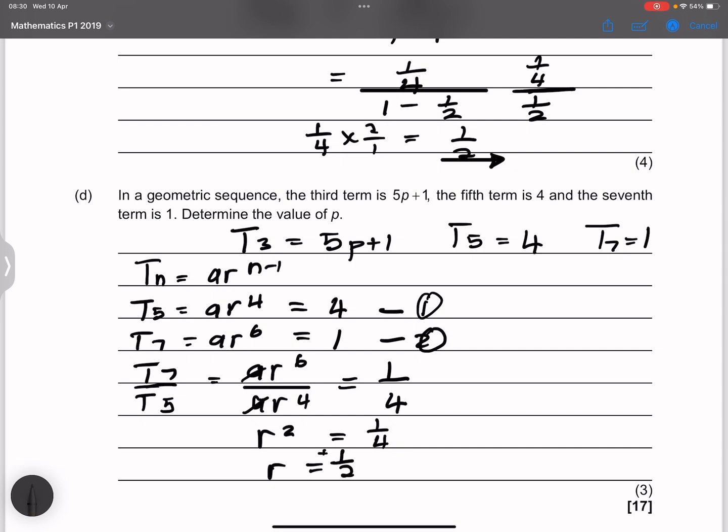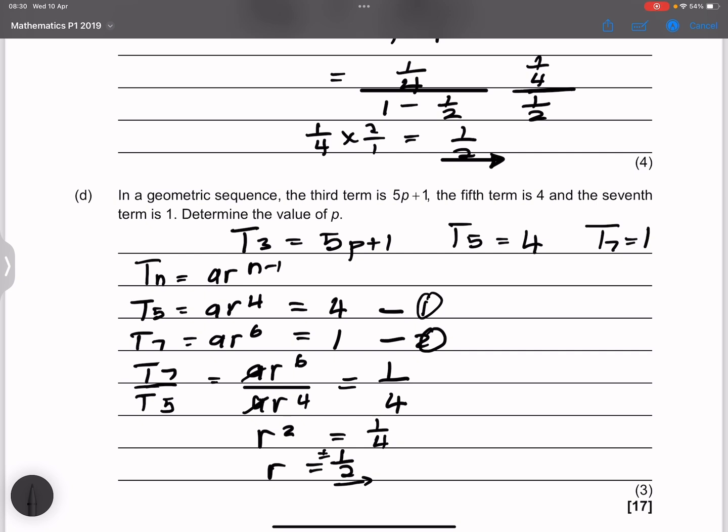Now note, ladies and gents, we're looking for the value of p. So we now need to get the value of a, so we can substitute that r value onto any of the two equations.